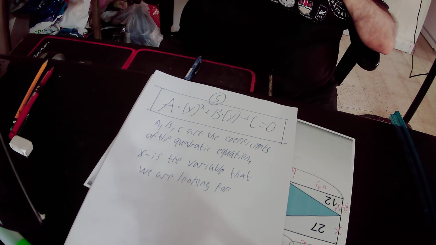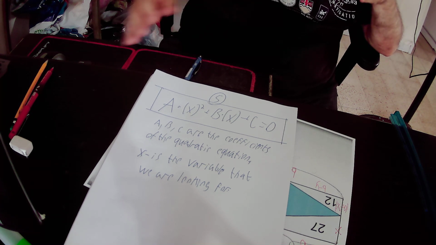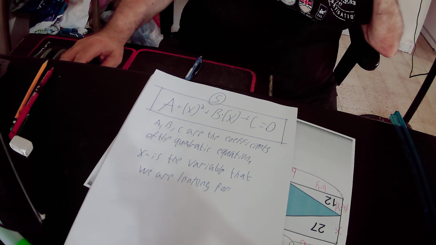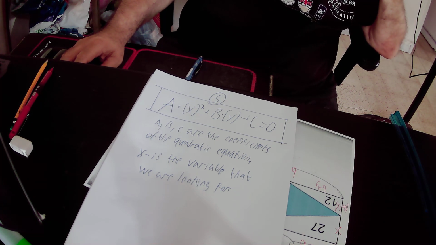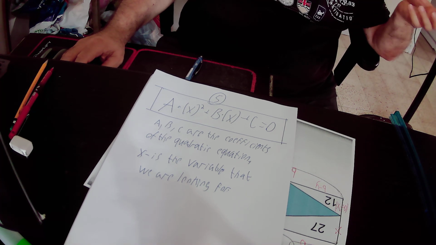So we usually want to find the value of x in any quadratic equation, and in order to find the value of x in a quadratic equation, we have a special general equation that will help us to find the value or the values of x.